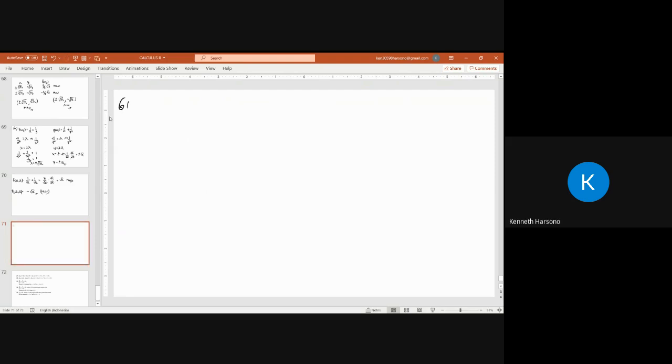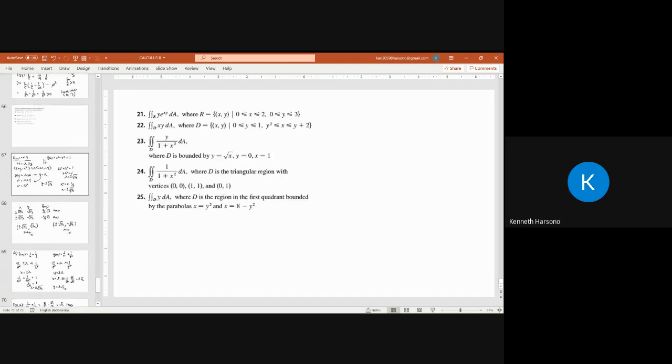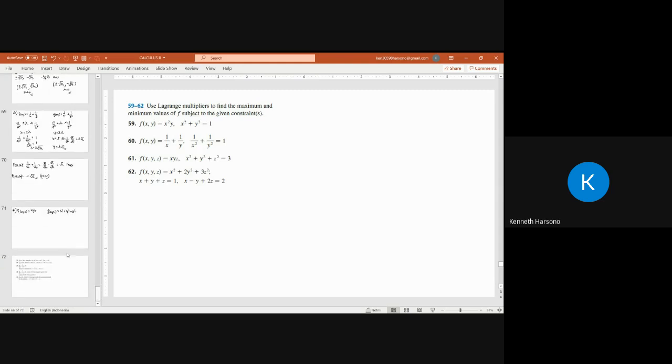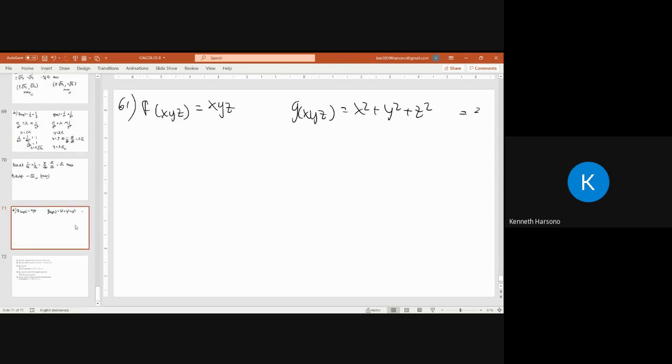So number 61. Did anyone get the answer for this one? I think it's similar to your exercise in class, right? So xyc, with constraint x squared plus y squared plus c squared equal to 3.